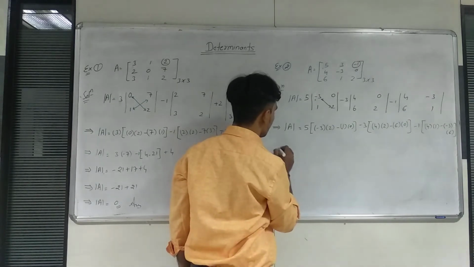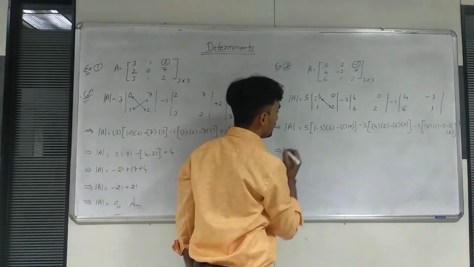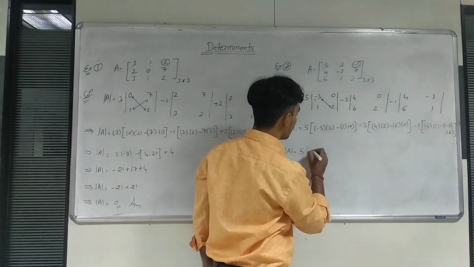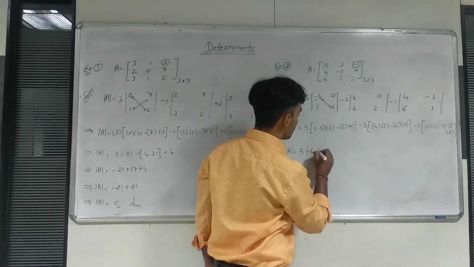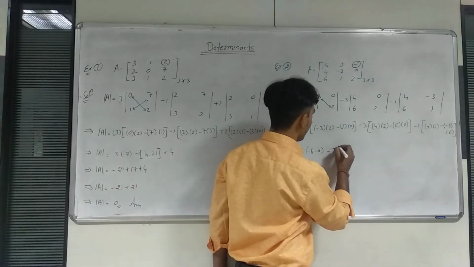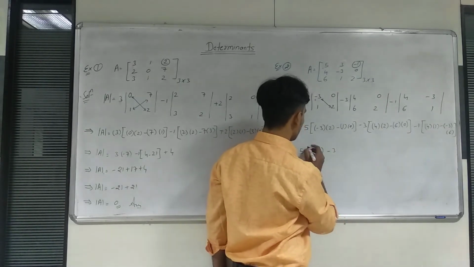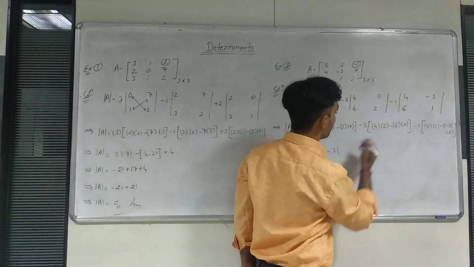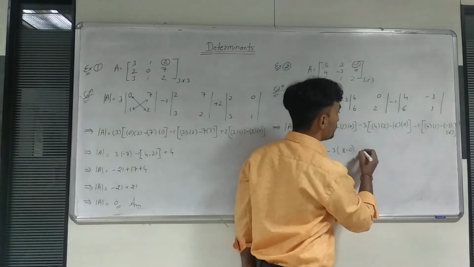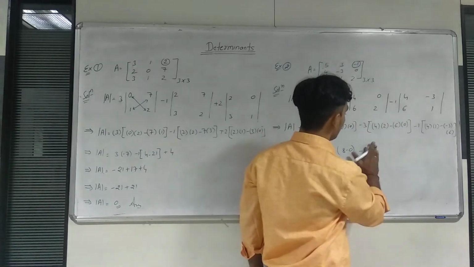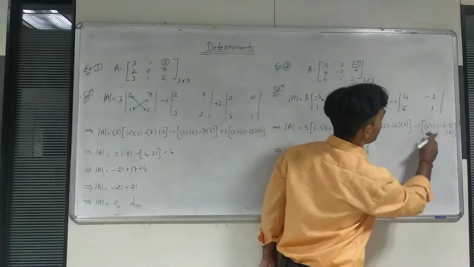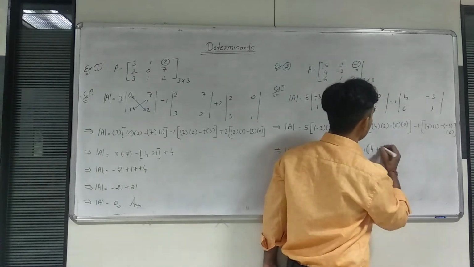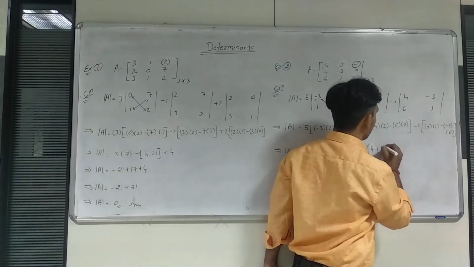This becomes determinant of A equal to 5 into minus 6 minus 0, minus 3 into 8 minus 0, minus 1 into 4 minus 18.